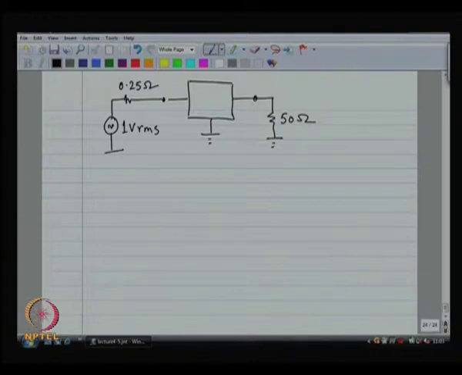Okay, great. Now, one quick thing about the source: it can range in frequency from 1.6 gigahertz all the way to 1.8 gigahertz. So, let us say I choose the center frequency at which it should be a perfect match.